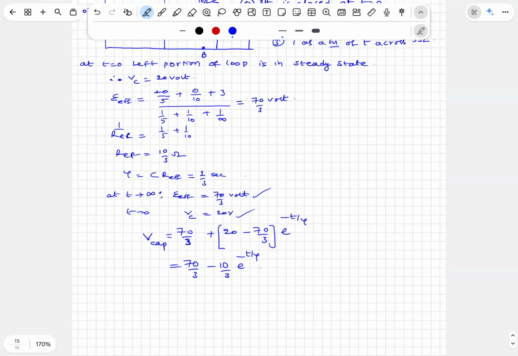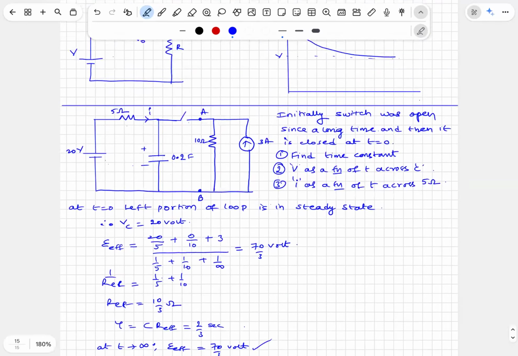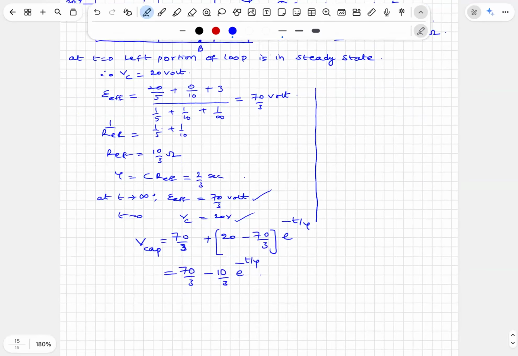Any doubt in this function? Please ask me right now. The current can be found easily now. You already know VC. So from that the current can be found easily. Just write the loop equation. How do you write the loop? Minus 20 plus I into 5 plus VC is equal to 0.